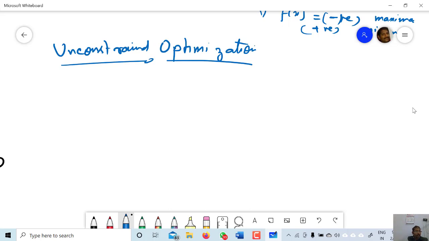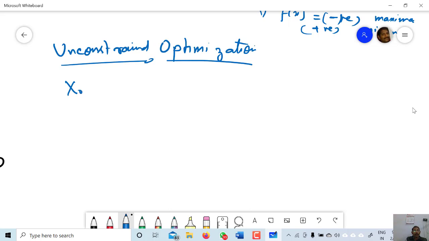Okay, this is written in the book. It is saying that the problem of our concern here is to determine whether a point x0 is a local or global minimum point of f(x), where x belongs to Rn.